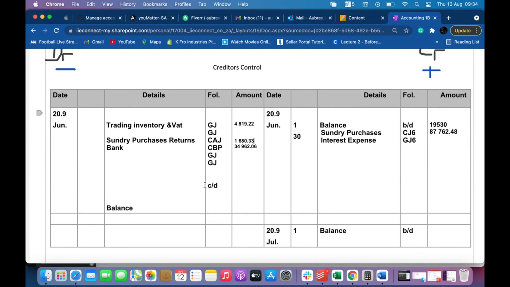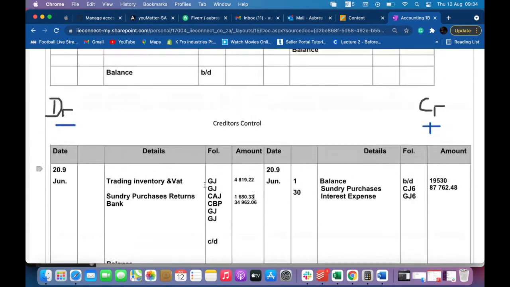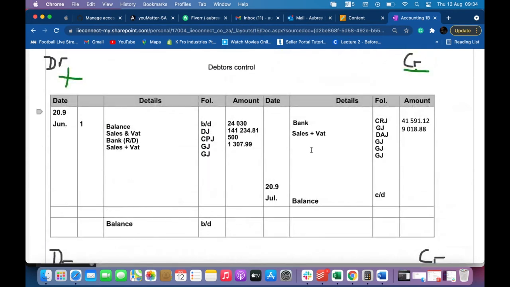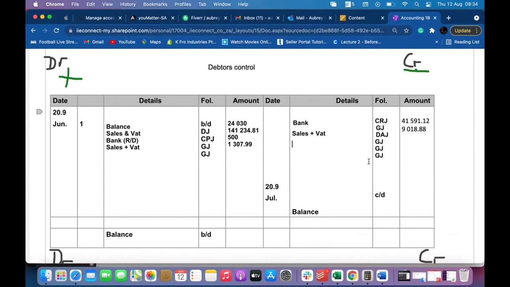It says total of sales returns column in the debtors allowance journal. Okay. All goods sold were standard rated. So we know we're going to credit this, but that happens in the debtors allowance journal. Just so you are aware, that's for the debtors allowance. So here again, you're just going to write sales and VAT. Okay.